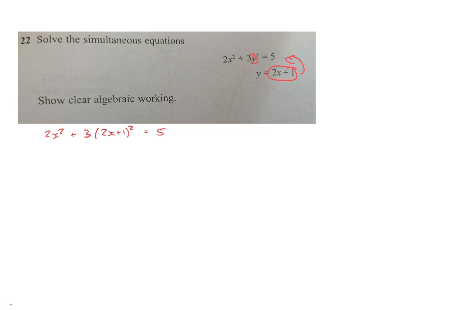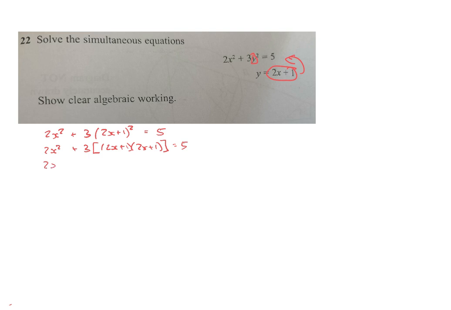Now I need to expand this out and simplify. So let's have a look. I've got 2x squared plus 3, and I'm going to use a square bracket just to show it's a little bit different, (2x plus 1) multiplied by (2x plus 1). You may be able to expand the square bracket straight away, but I'm going to show every single step.